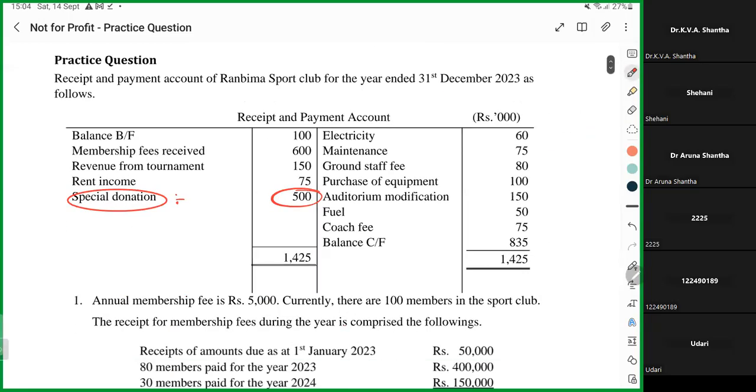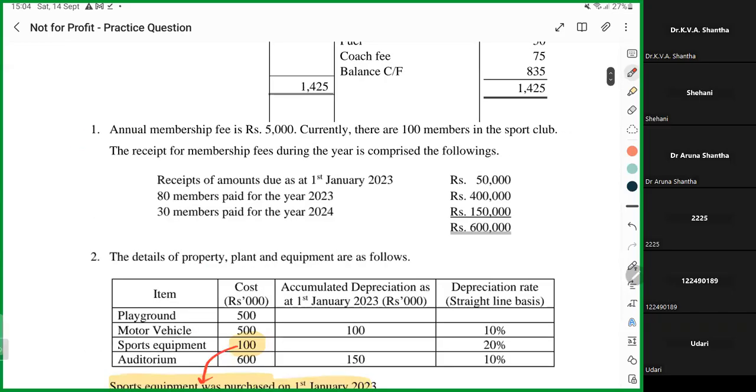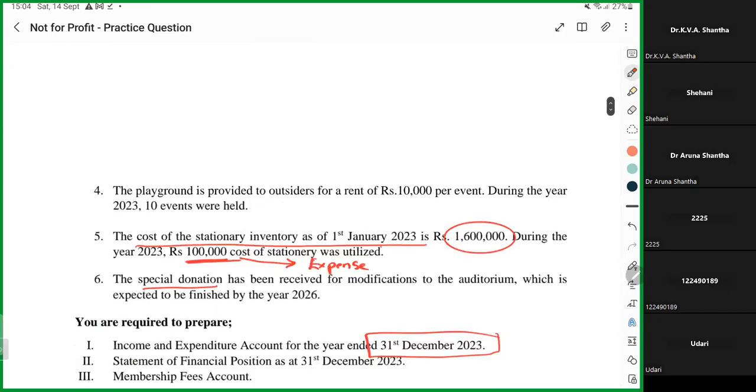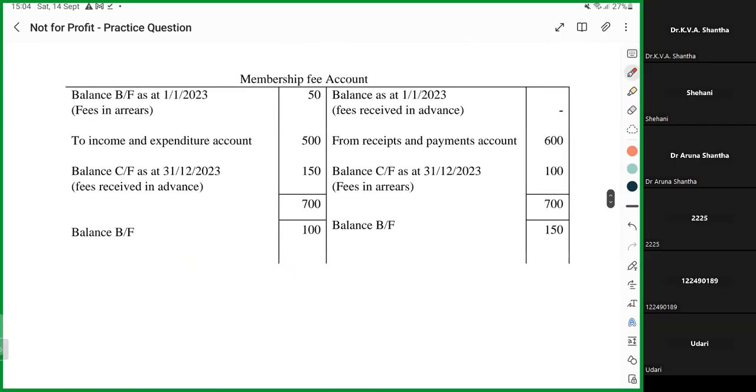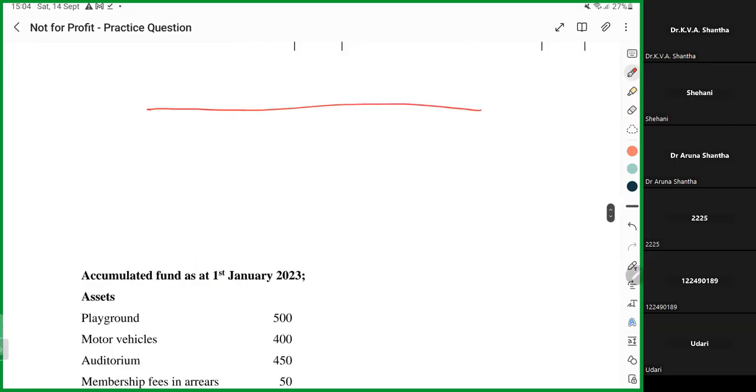So when you prepare membership fees account, it has already been in the answer, but I'll explain. Right. So it can include both debit and credit balances. In the membership fees account, here we have only annual members.